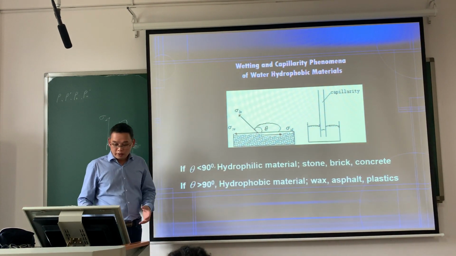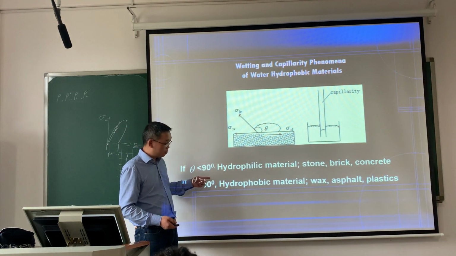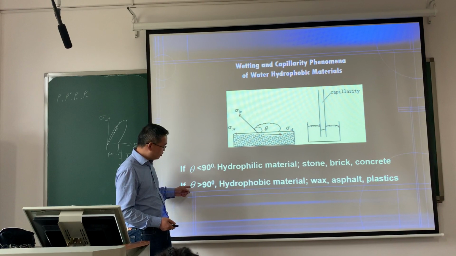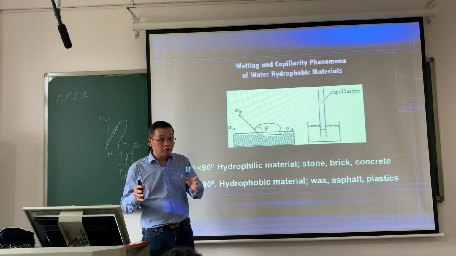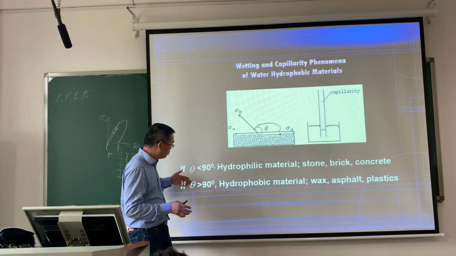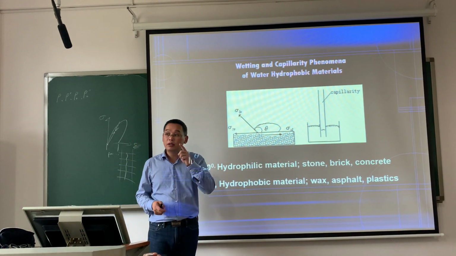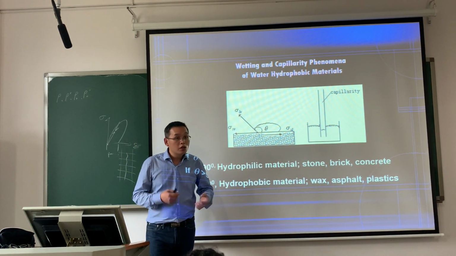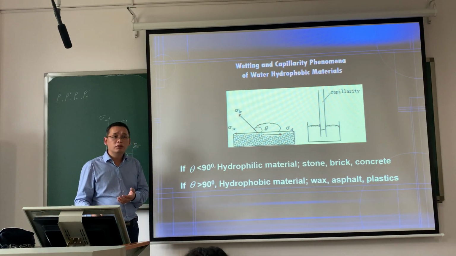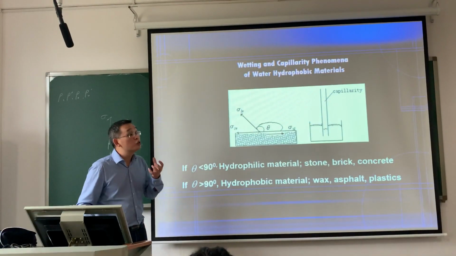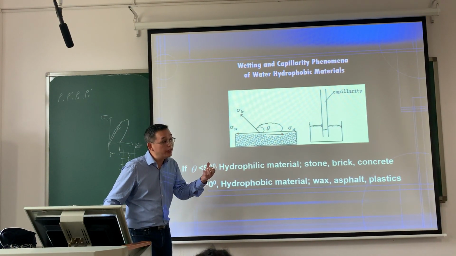So first we need to know what is hydrophilic and what is hydrophobic. Then if the angle is smaller than 90 or bigger than 90, we want to answer what kinds of materials belong to these two different types. For example, the stone. Does the stone or aggregate belong to hydrophilic or hydrophobic?